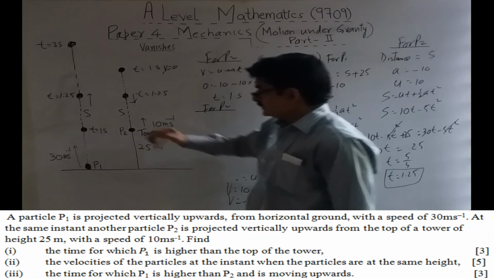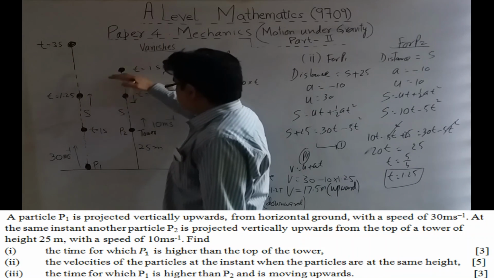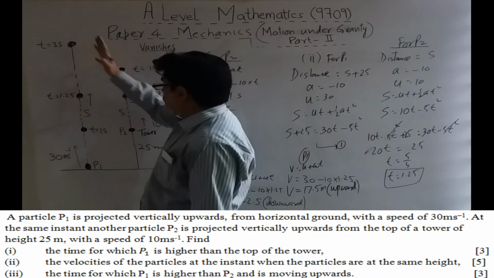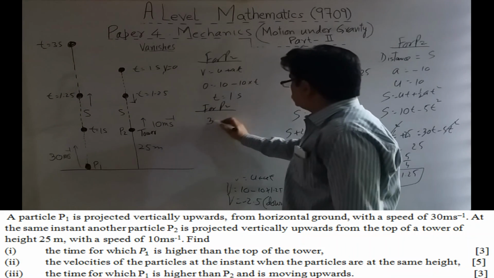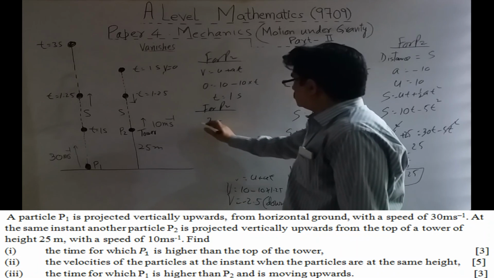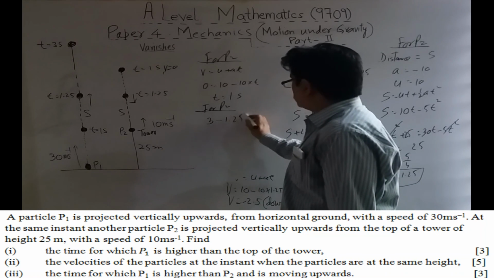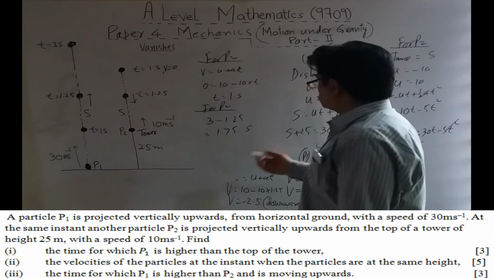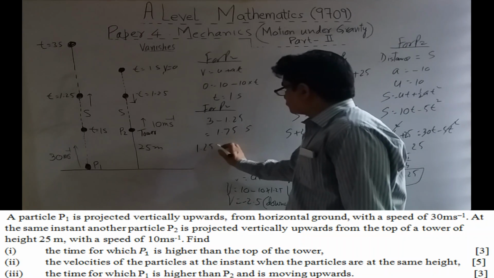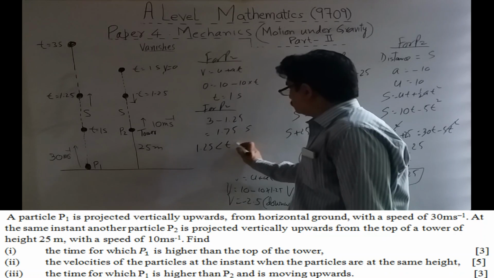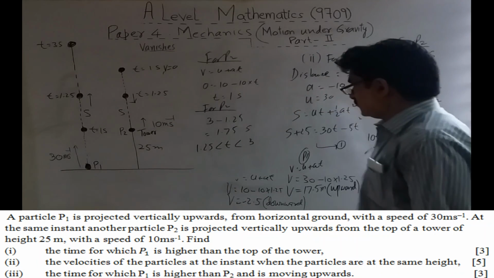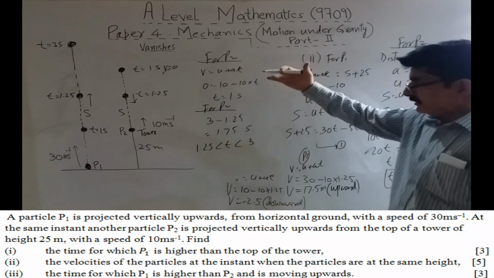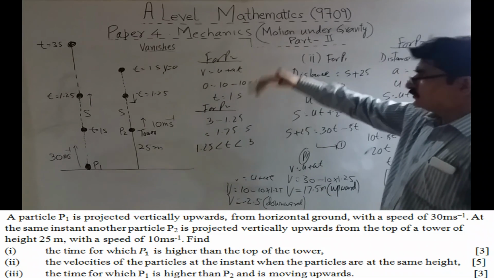So after 3 seconds it will reach the highest point and it will be coming down. It means that it will be moving upward for this time. So 3 minus 1.25, which is equal to 1.75 seconds. Or you can also write the answer that for this time from 1.25 to 3 seconds, the particle P1 will be moving upward and will be above P2.